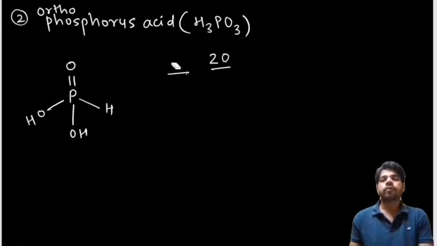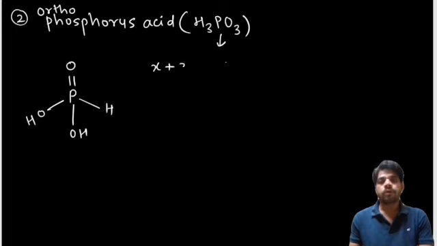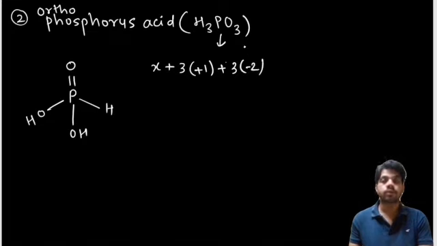Now, what is the oxidation state? Let's say the oxidation state of phosphorus is X. We have three hydrogens at plus one, plus 3 times -2, as -2 is the oxidation state of oxygen, and we have three oxygens here, equal to 0.